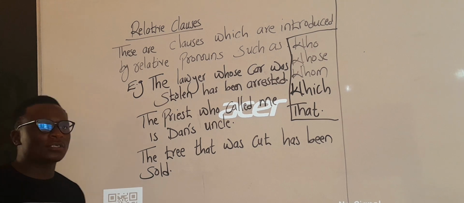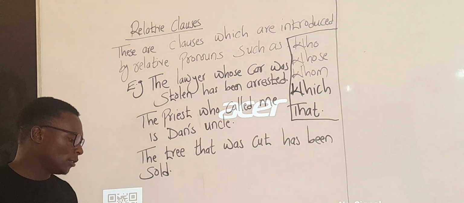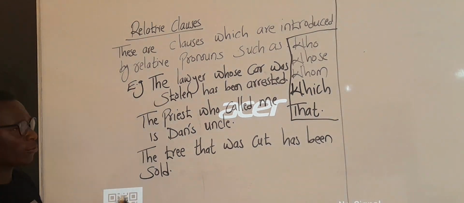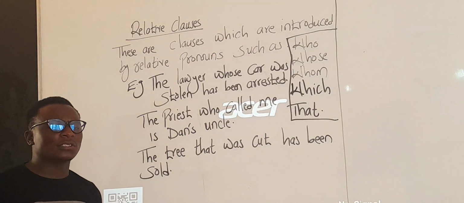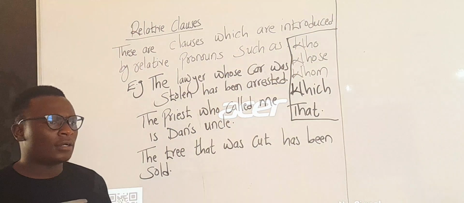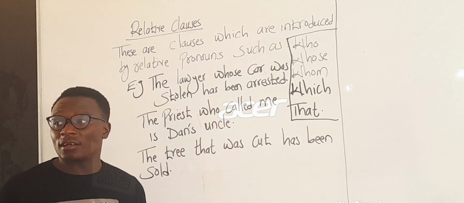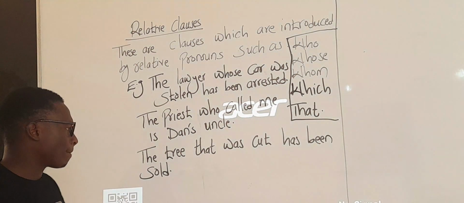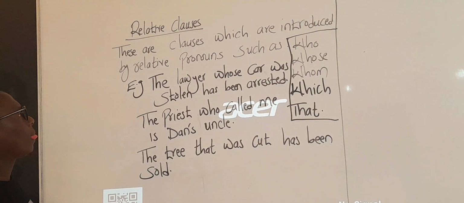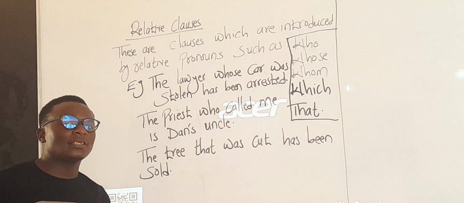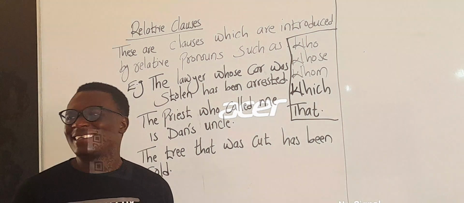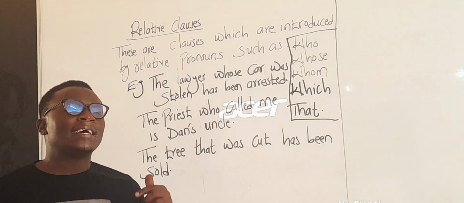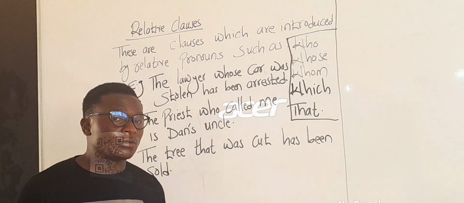The other types of clauses that I want us to check are called relative clauses. I believe you've heard of these particular clauses over and over, or maybe at some point you heard them being taught. In our class now, I want us to know that relative clauses are clauses that are introduced by relative pronouns.